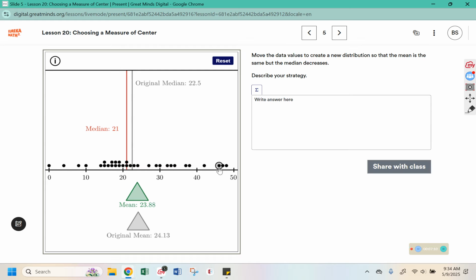What if we moved these ones up? So my medians are different and my means are the same.